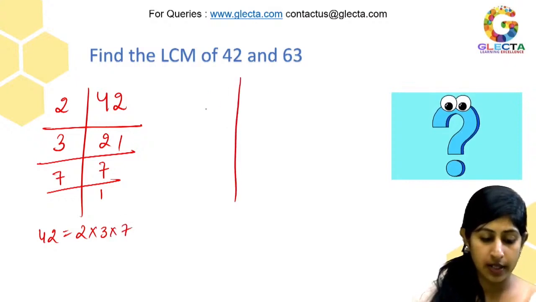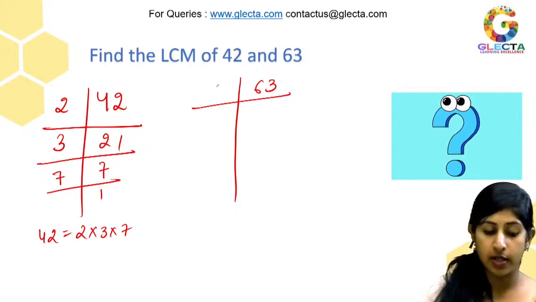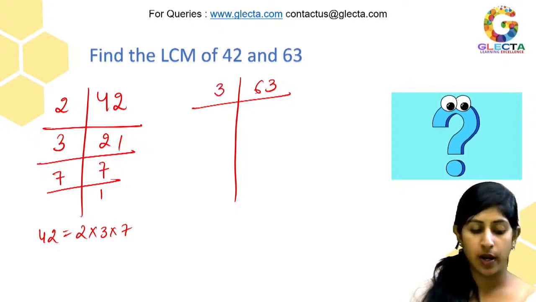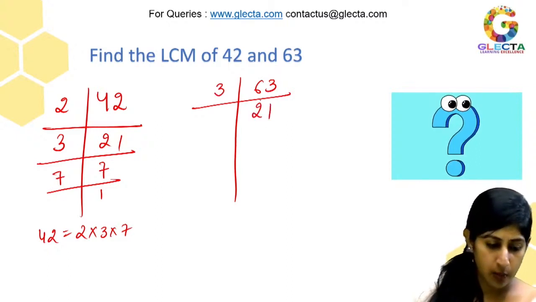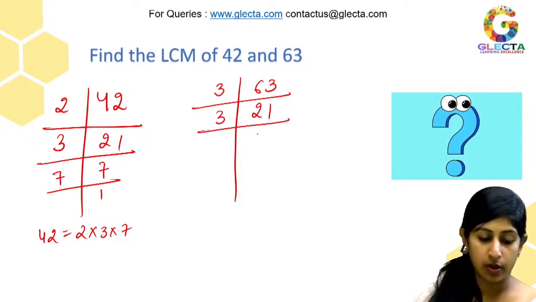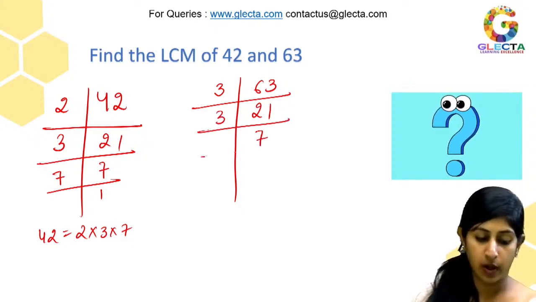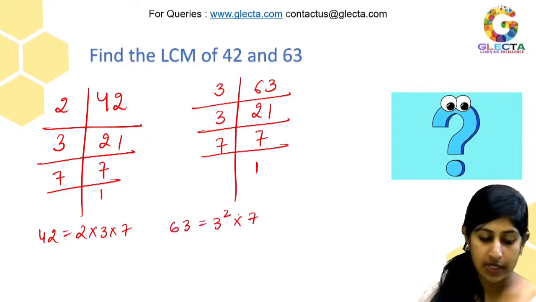Now calculating the prime factorization of 63. 63 is not even, so we're not going to write 2 over here, starting with 3. 63 divided by 3 is simply 21, right? 1 into 3, 3, 2 into 3, 6, right? Then again 3 into 7 is 21, and then 7 and 1. So 63 can be written as 3 square into 7.